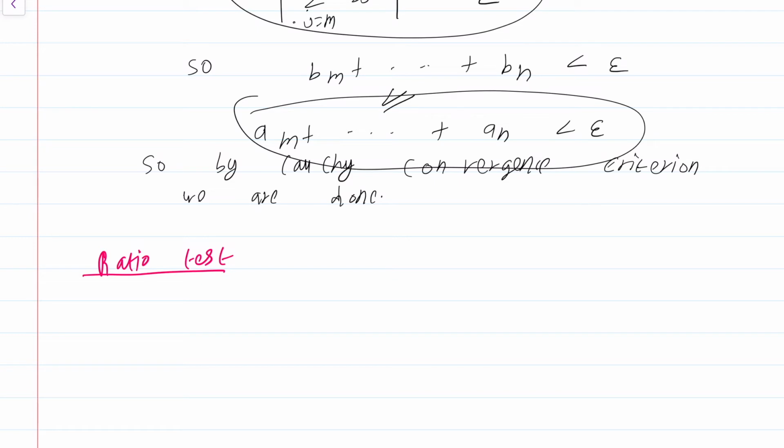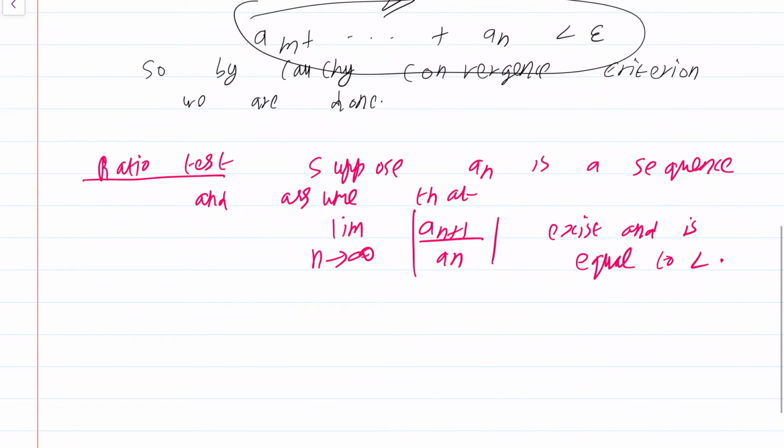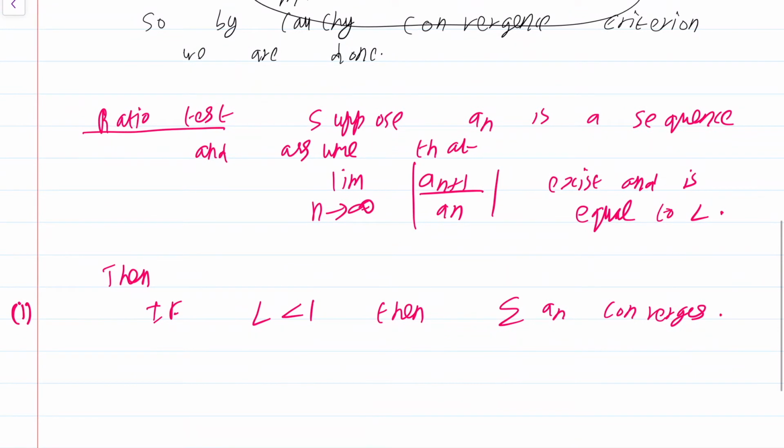Let's prove this ratio test. Suppose an is a sequence and assume that limit n going to infinity of a n plus 1 by an exists and is equal to L. Then number 1, if L is strictly less than 1, then summation an converges. 2, if L is greater than 1, then summation an diverges.